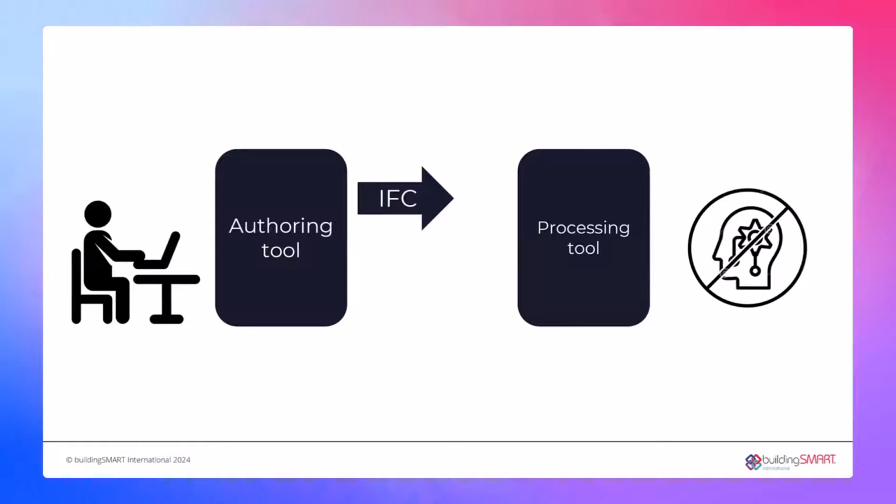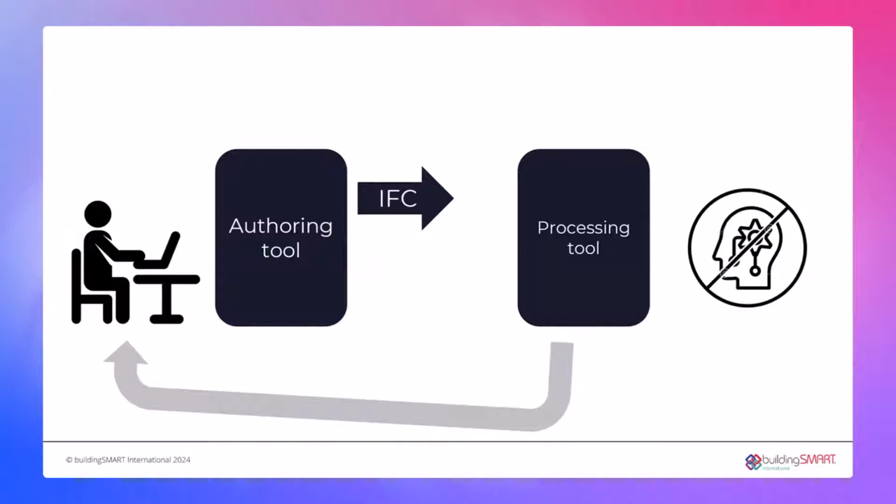But the processing tool should be able to process the data without human intervention and without human intelligence. That is this maximum reliability. The tool should be able to process everything reliably and predictably without a human having to tweak the settings. And then there's a result back, maybe to the authoring tool, maybe directly to the end user. So think about it: I'm making a design, I'm sending it to an online cloud simulation for CO2 emissions.